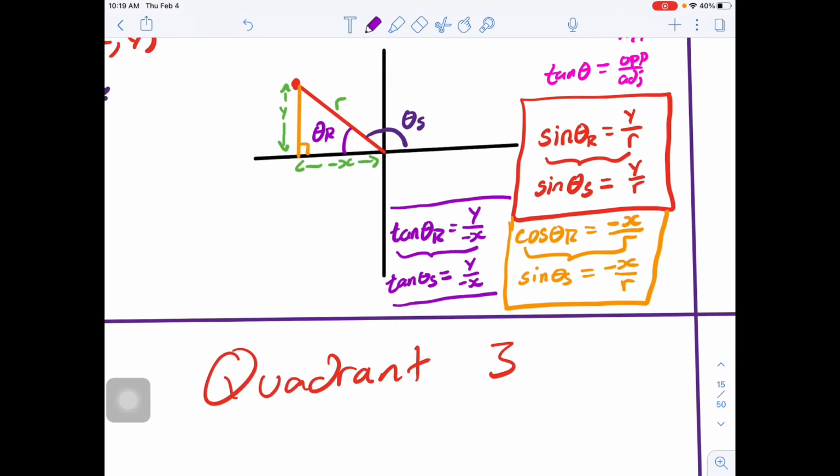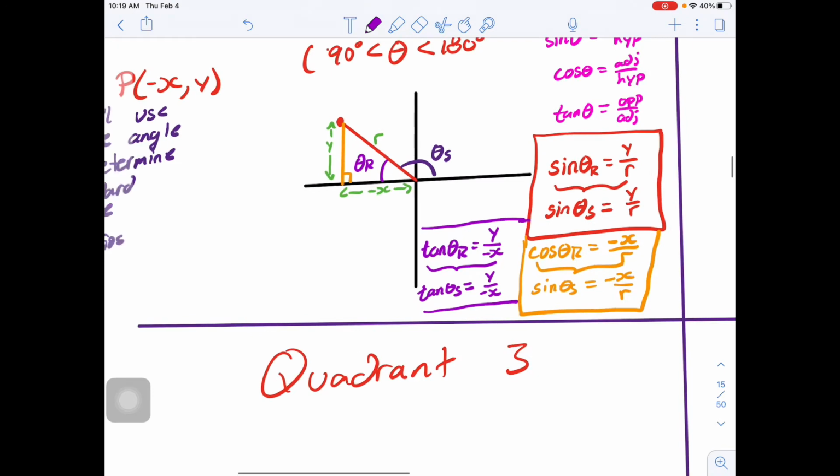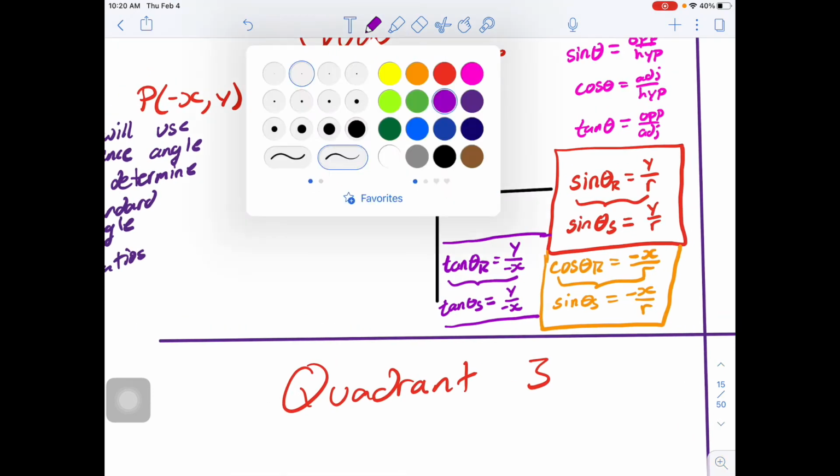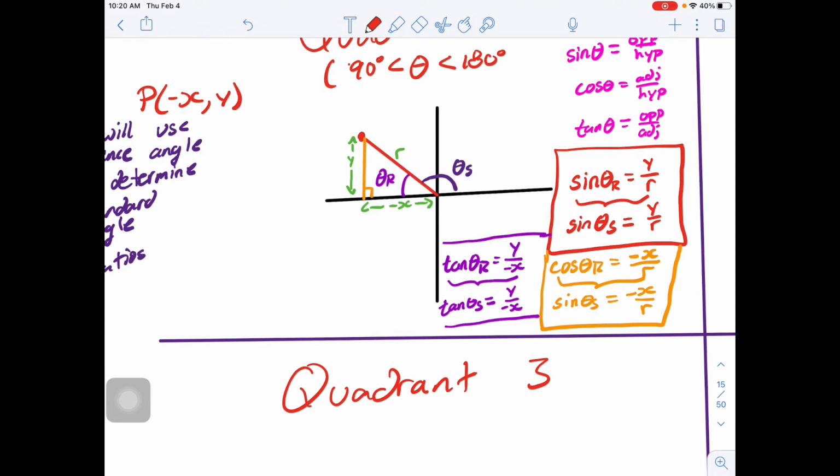We're noticing that sine is the only one positive here. Our ratios, so at this point, sine angle in quadrant 2 is positive.